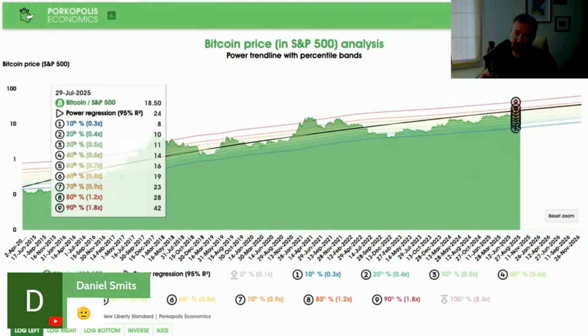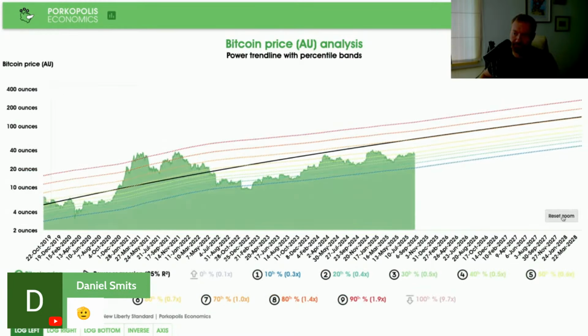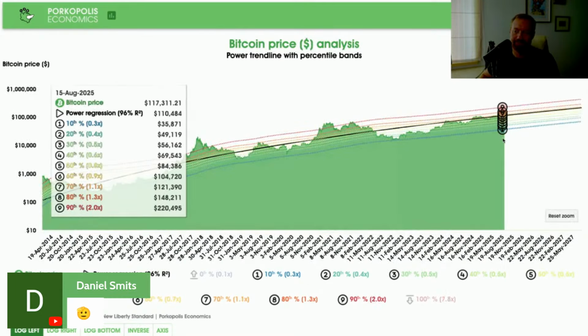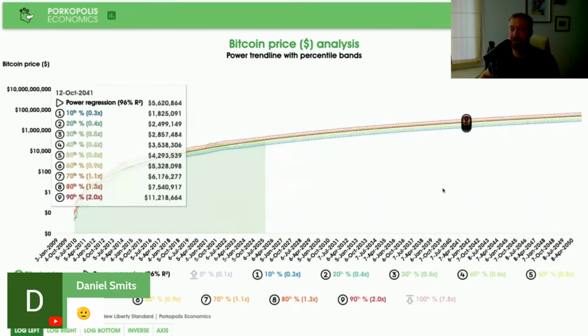But the second thing is, if you look at this Bitcoin in S&P, if you look at this Bitcoin in gold, these are even more reasons, in my opinion, why we're going to shoot back higher. To me, it's as simple as I'm not going to discount the 4-year. I'm not going to discount these major extensions over trend until they don't happen.